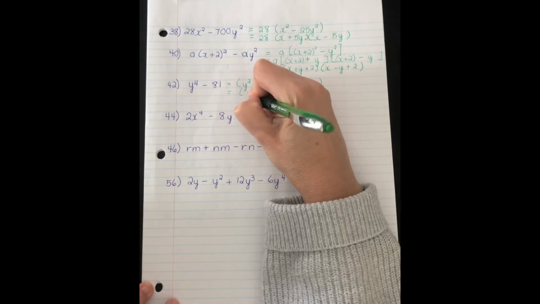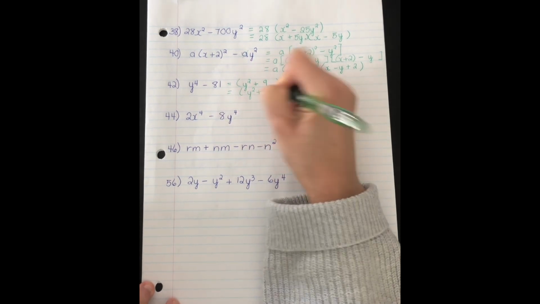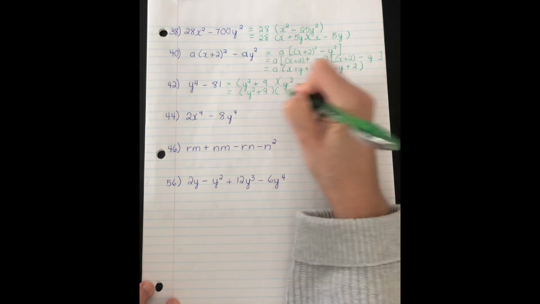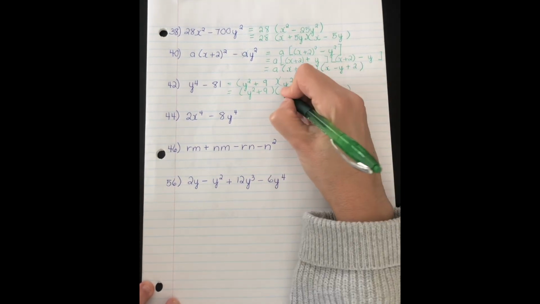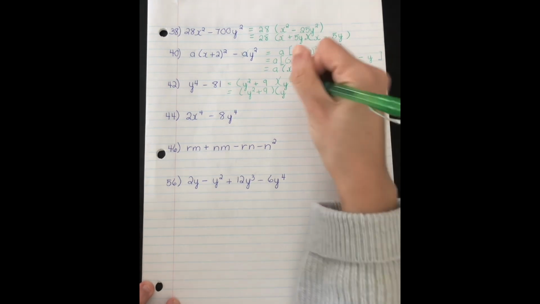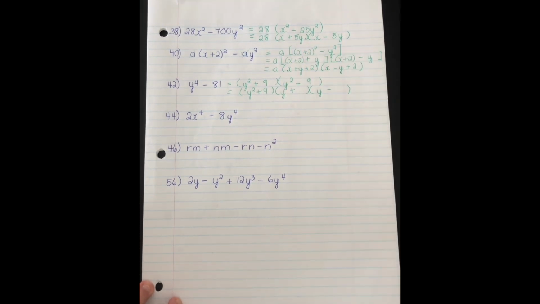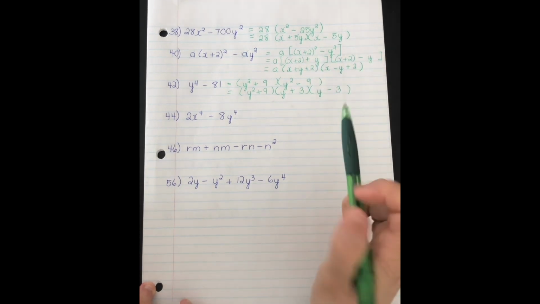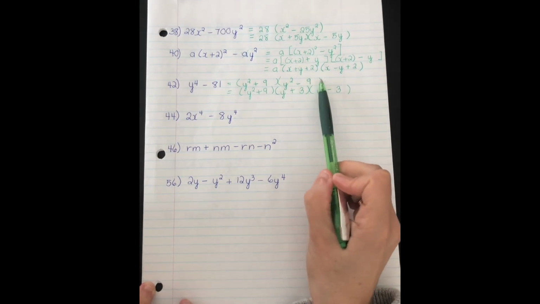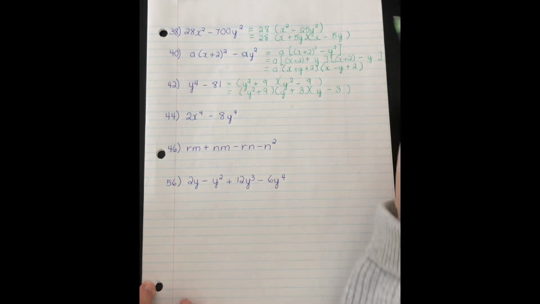So the first term stays as it is, but this is factored again. The square root of y squared is y, plus minus, the square root of 9 is 3. Okay, so the second binomial here is factored further. And now we have our final answer.